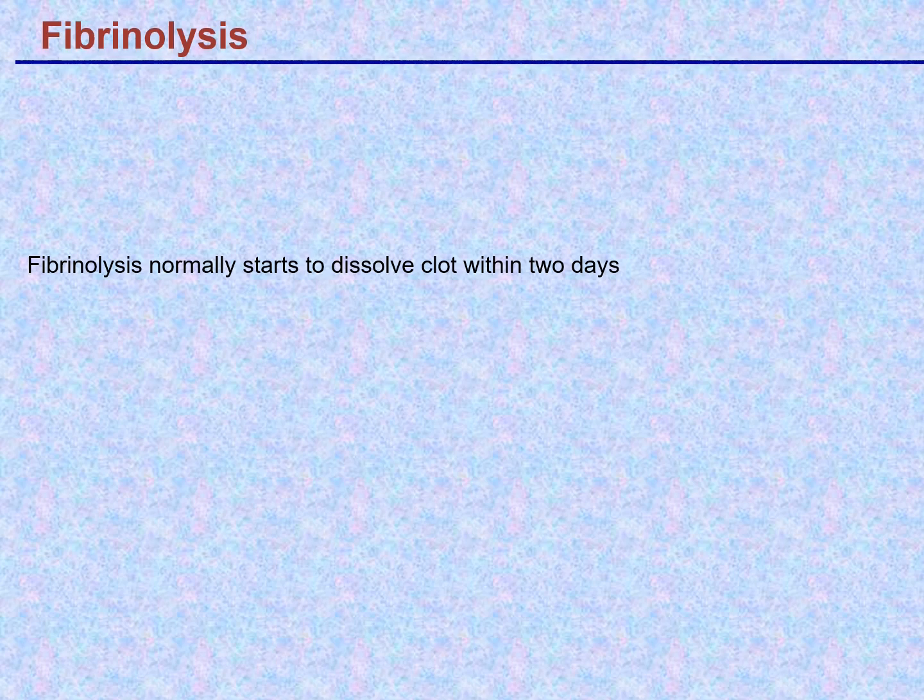You get a process occurring called fibrinolysis, the lysis or breaking apart of the fibrin strands. And this normally happens within about 2 days after the initial formation of those strands, and it helps to dissolve the clot. Dissolving the clot is in fact part of that whole wound repair process.